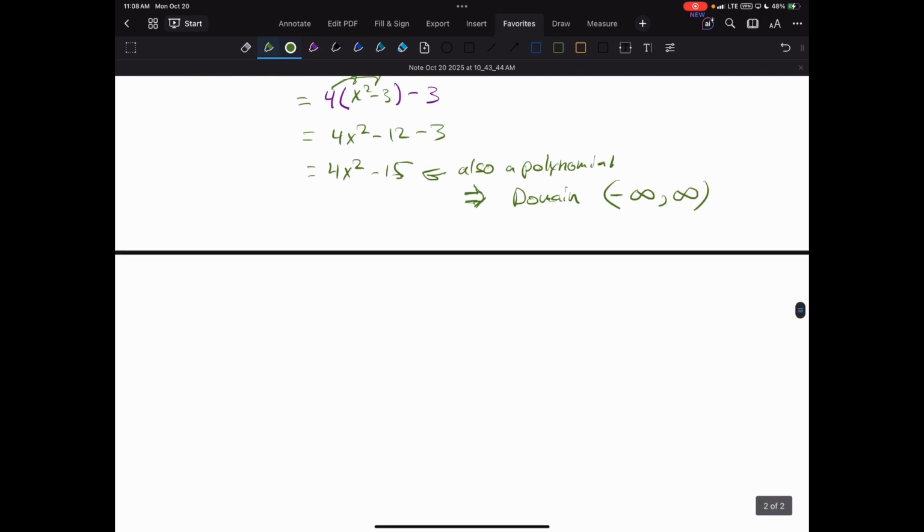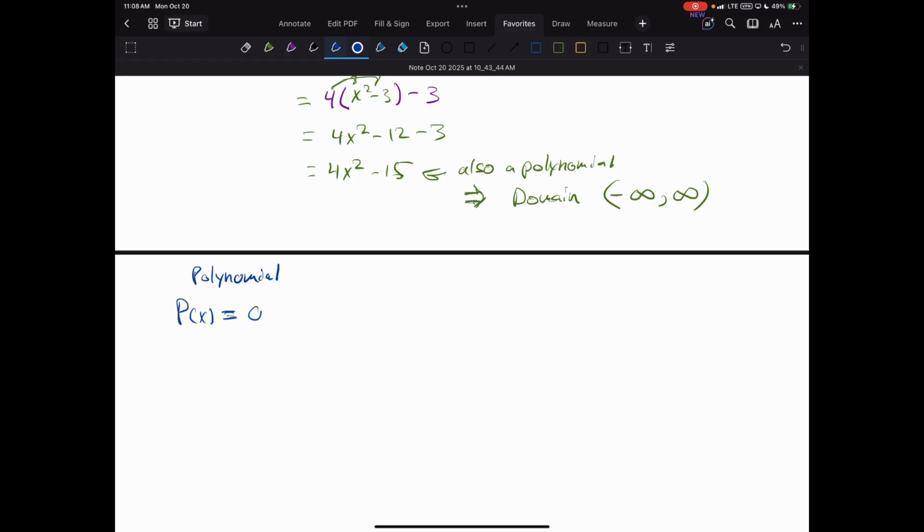Real quick reminder, just because I've been using the word polynomial for a bit. A polynomial is anything that fits the form, anything that fits the pattern, p of x. This is a big, ugly definition, but it's a useful one to remind ourselves of.